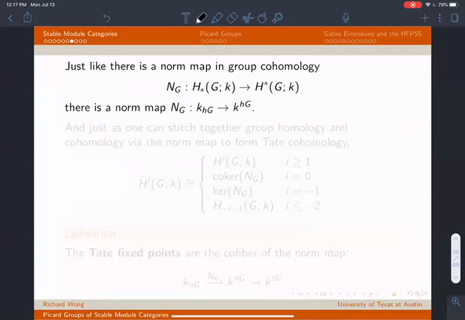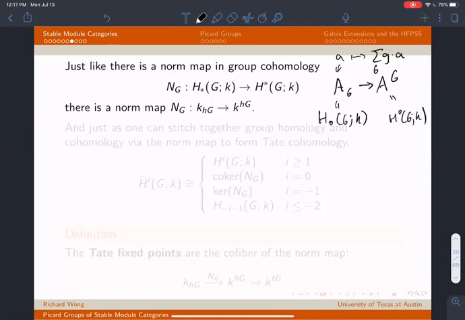Okay, so now that I've talked about orbits and fixed points, just as there is a norm map in group cohomology going from the orbits to the fixed points, by sending an element A in here to the sum of g acting on A, for g in G. And of course, the fixed points are going to be H upper 0 of cohomology.